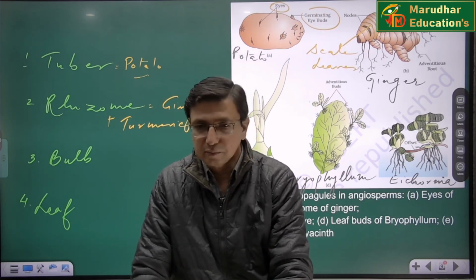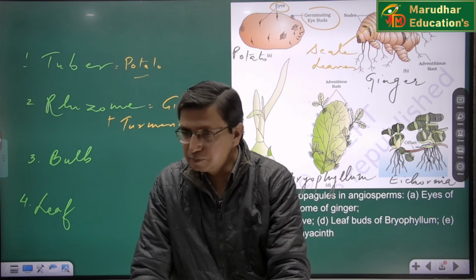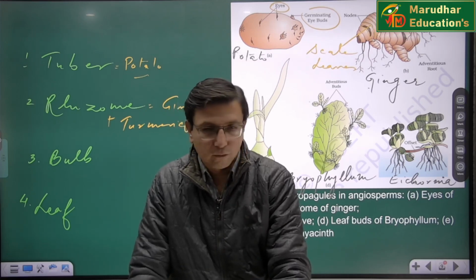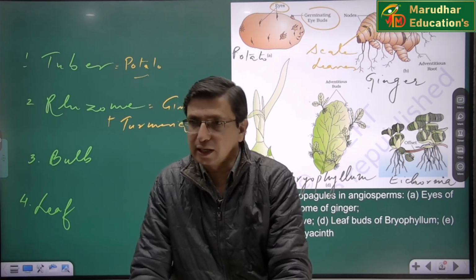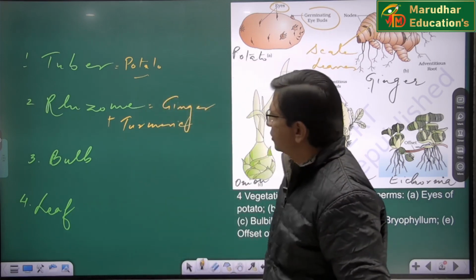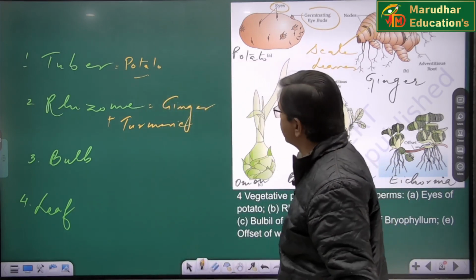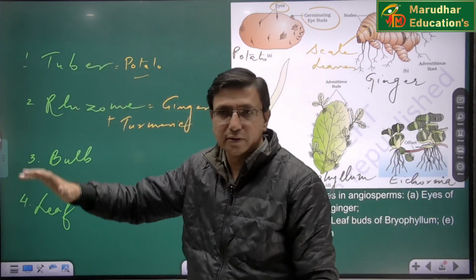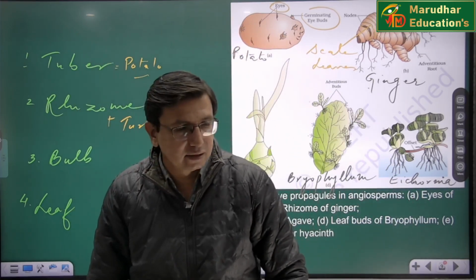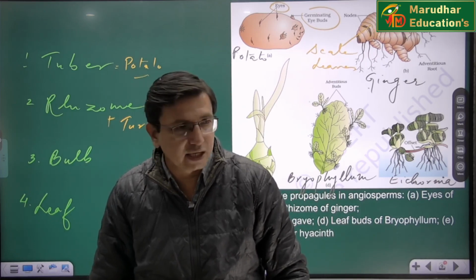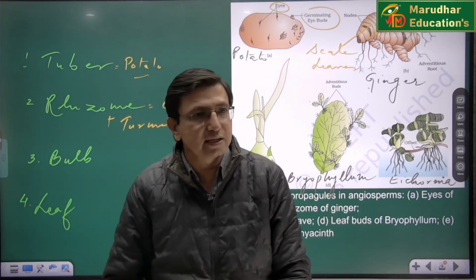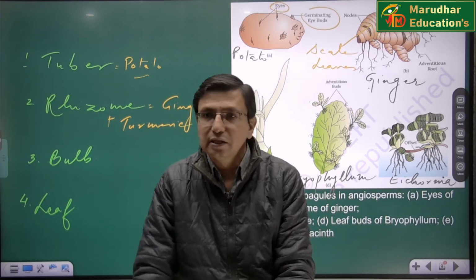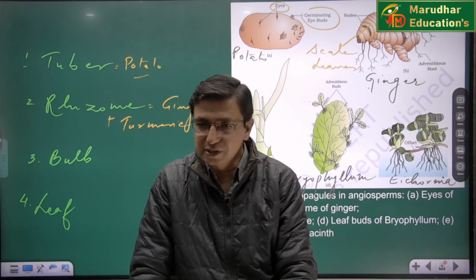So underground potato, underground rhizome, it's buried in the what? Ground. It is underground, and whenever favorable conditions come, see in unfavorable conditions, the upper part, the shoot dries up, but potato is present inside, ginger is present inside, turmeric is present inside. See, in agriculture, we dig them out. But in nature, what happens?